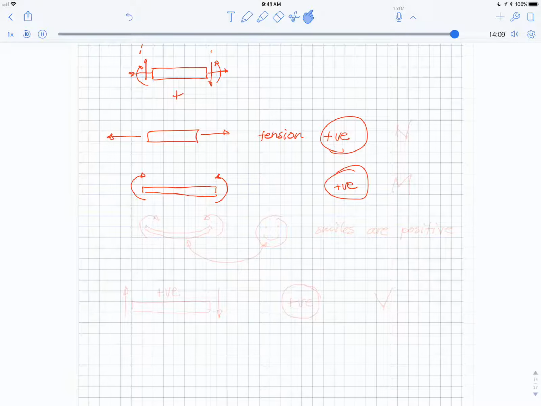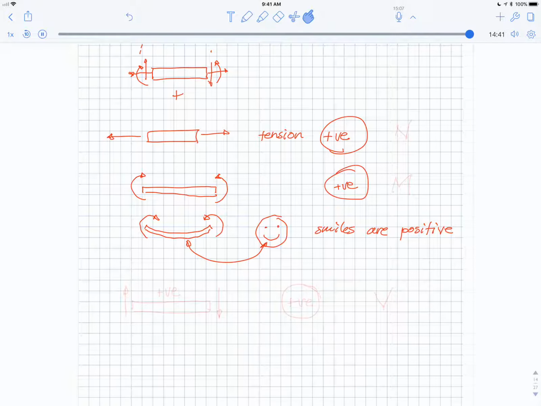And the way I remember this is that if you take a ruler and you bend it like this, you put those moments on it. You can try getting a flexible ruler and do that with your hands. It'll flex like that. And that kind of looks like a smile, see? And smiles are positive. I know it's corny, but that's the best way to remember that.